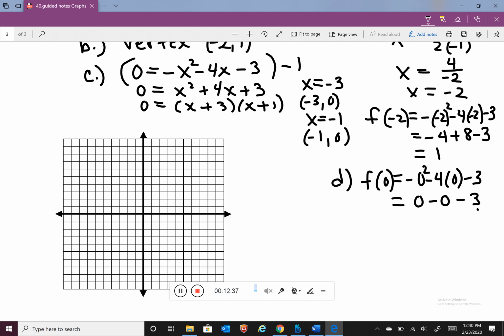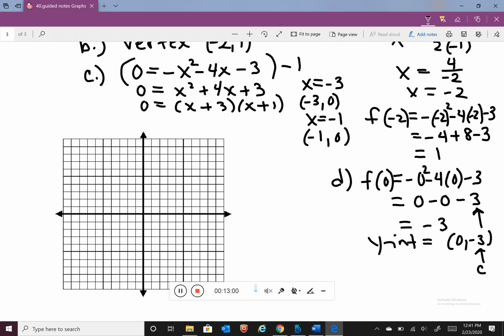And so please notice, the only thing that is left is c, our constant. And so our y-intercept is 0, comma, negative 3. It is our constant, 0, c, and that will always be true.